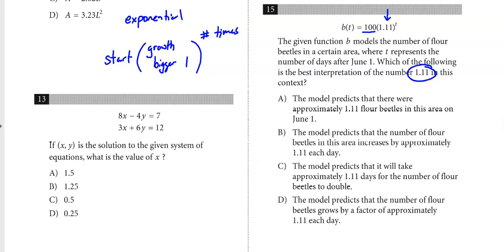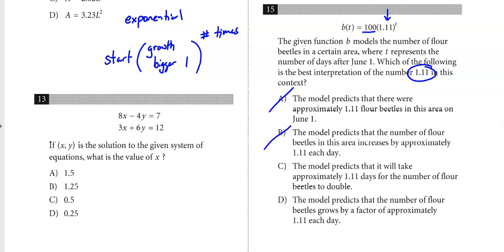So the number in parentheses is the growth factor. So the model predicts there were 1.1 beetles. No. Predicts the number of beetles increases by 1.11. No, it sounds good, but we're not just increasing by 1.11 beetles every day because it starts to become a bigger and bigger number. It snowballs. It's compounding. So that's false.